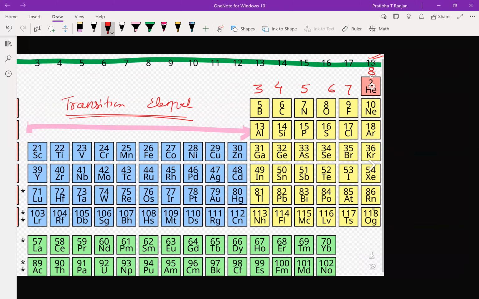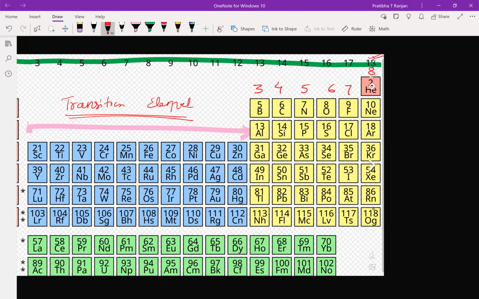This means everybody wants to achieve this state because they are saturated. They are highly unreactive. They are not reactive at all. Everybody wants to achieve that state. For that, somebody is going to lose something and somebody is going to gain something. When they lose, they become positive, and when they gain, they become negative.